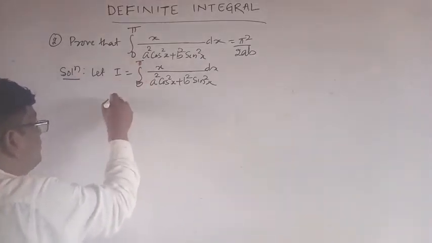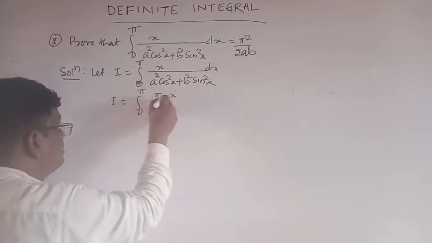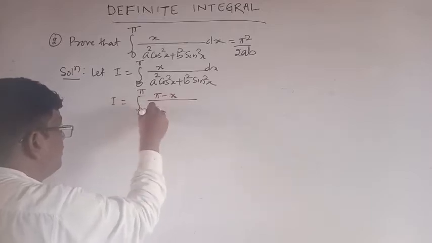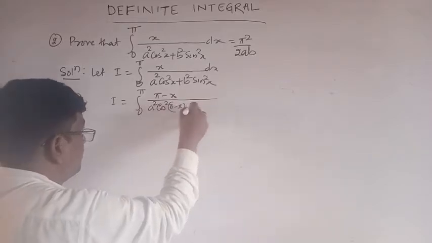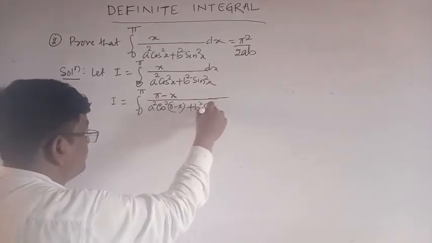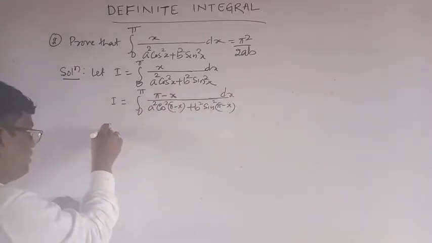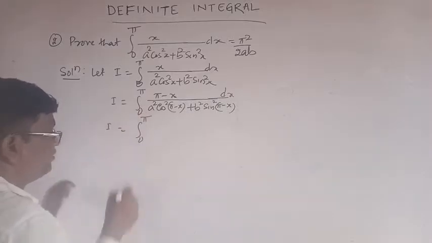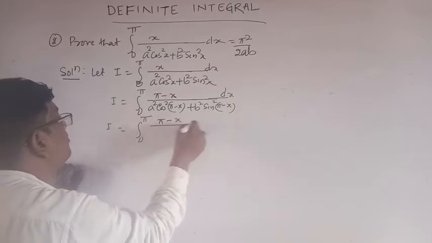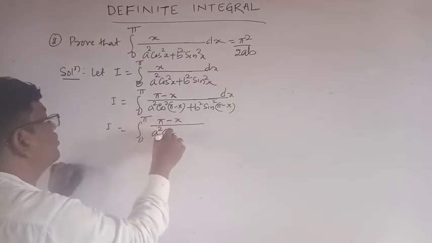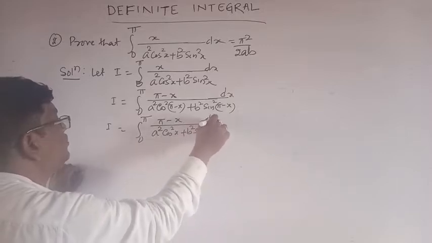So I is equal to the integral from 0 to pi of (pi minus x) divided by (a square cos square(pi minus x) plus b square sin square(pi minus x)) dx, which is the integral from 0 to pi of (pi minus x) divided by (a square cos square x plus b square sin square x) dx.